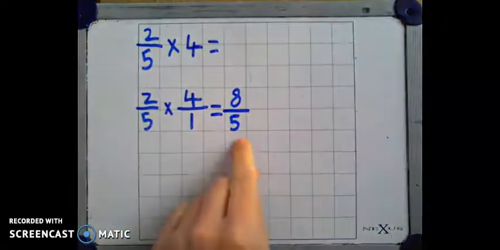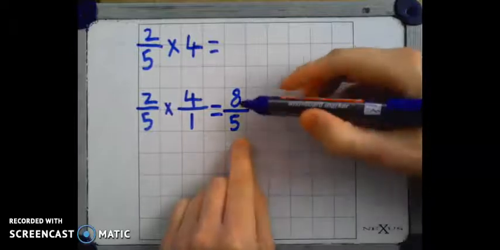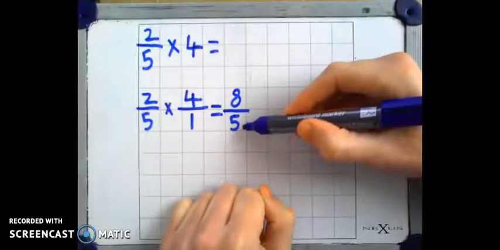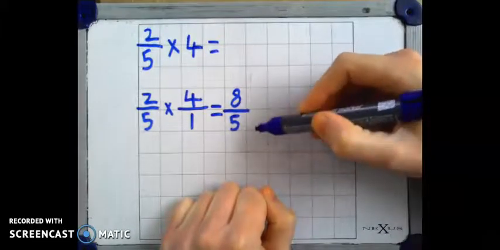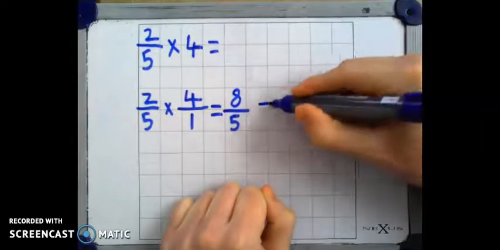If we haven't been asked to show our answer as a mixed number, we can stop now. If we have been, we need to go on to that step 4. And step 4 is to divide this number by this number. How many times does 5 go into 8? 5 goes into 8 once.